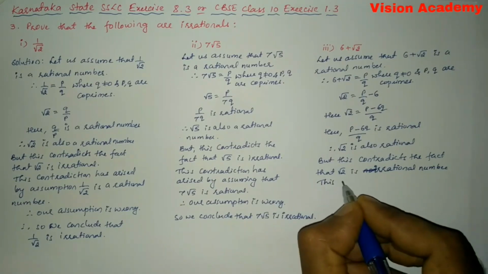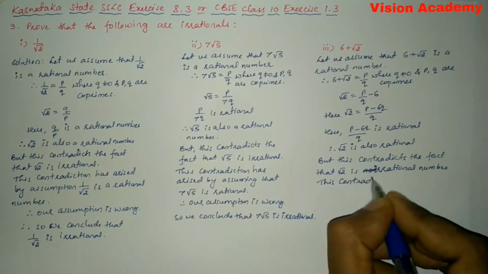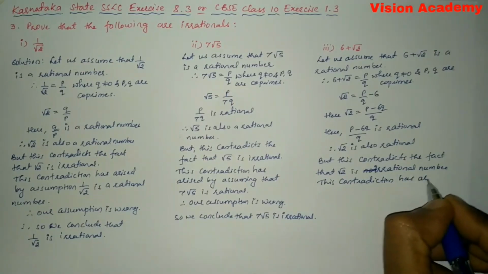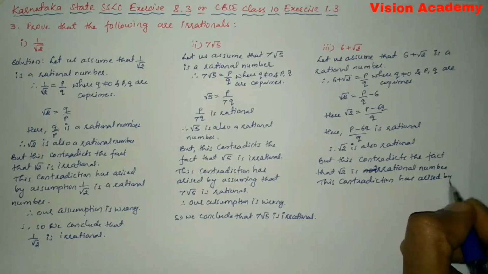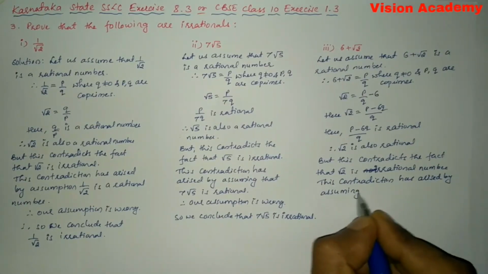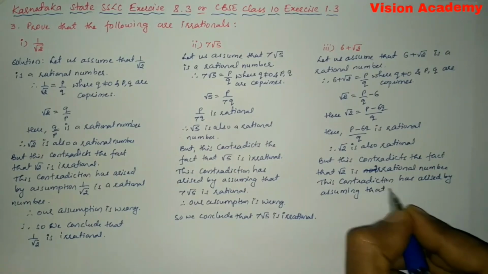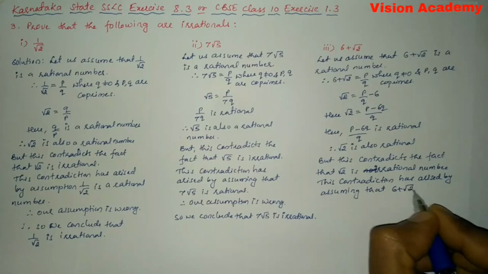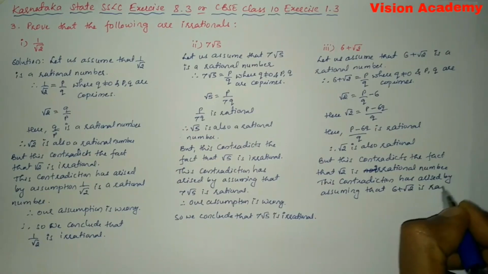This contradiction has arisen by assuming that 6 plus square root of 2 is rational.